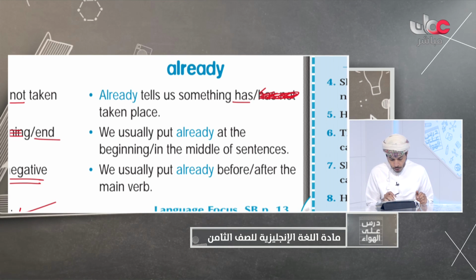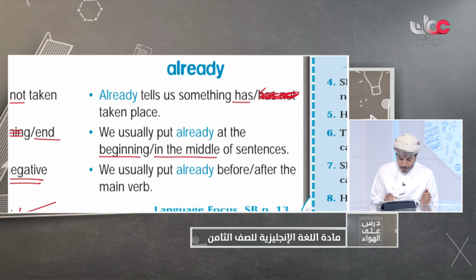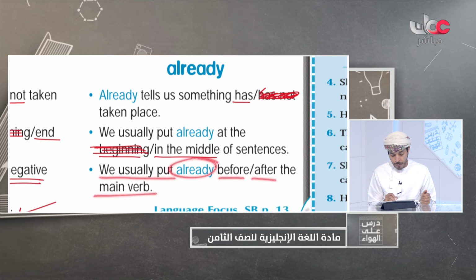Good? And also we usually put already at the beginning or in the middle of sentences. Of course, we put it in the middle of sentences, not in the beginning. And for the last point, we usually put already before or after the main verb.